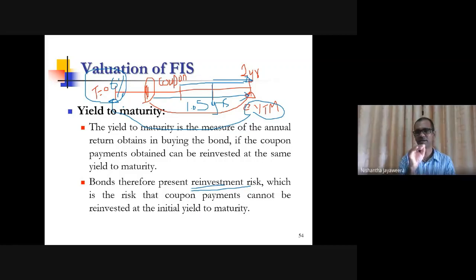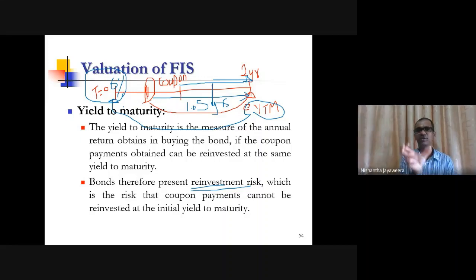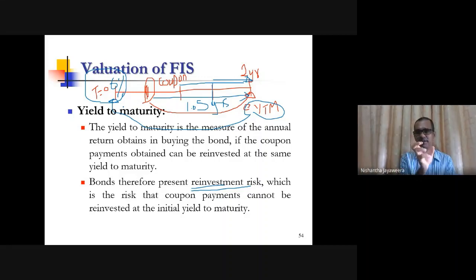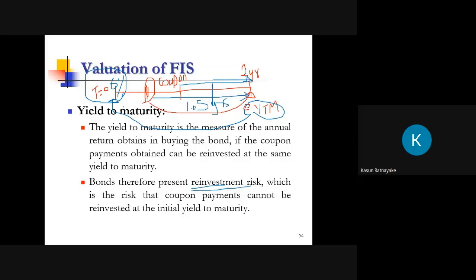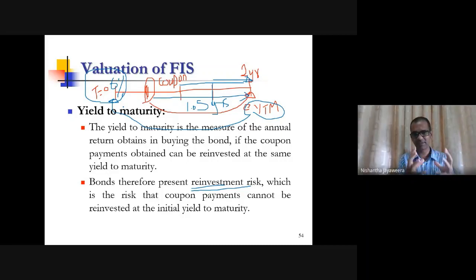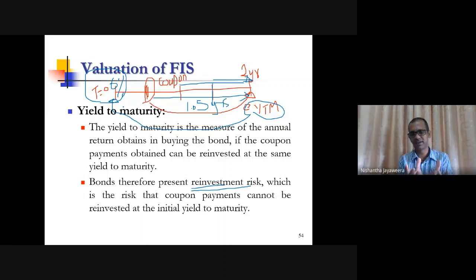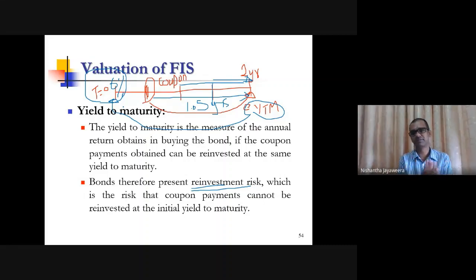Here the basic is, if you just consider a particular instrument or a particular bond, what is the meaning of yield to maturity? Okay. Thank you, sir. The same concept will be applicable even for a bond portfolio. You have a bond portfolio with the YTM figure, what does it mean?